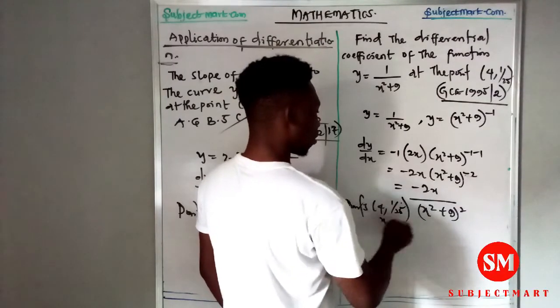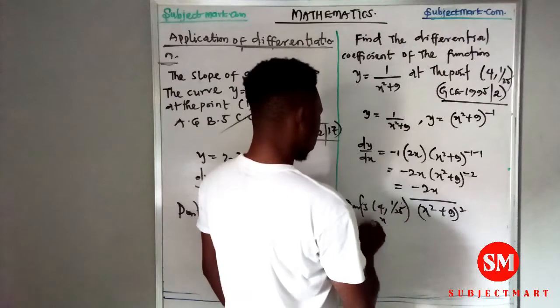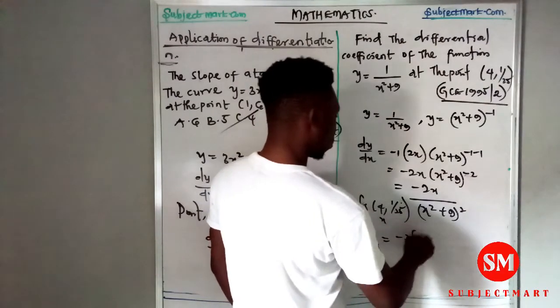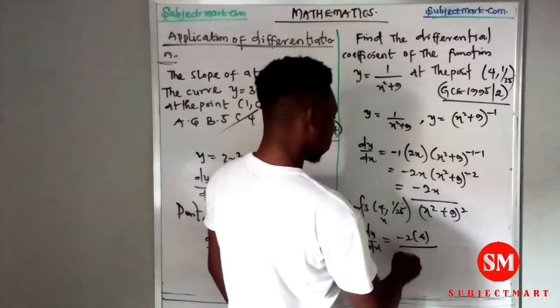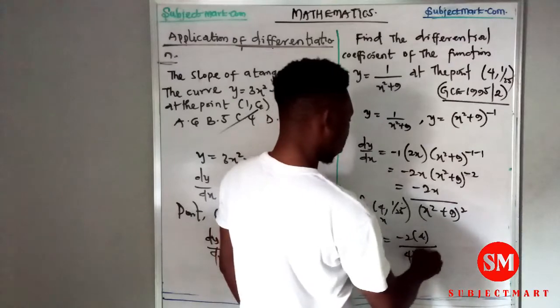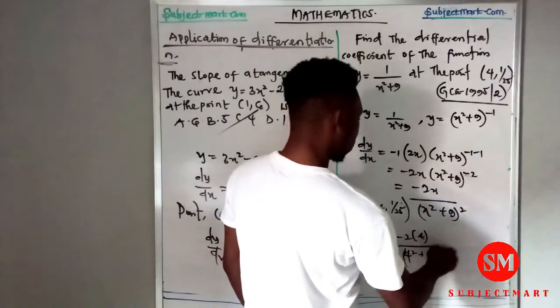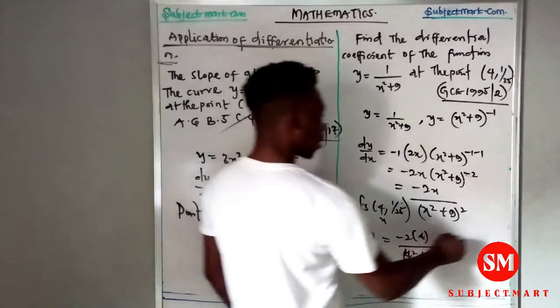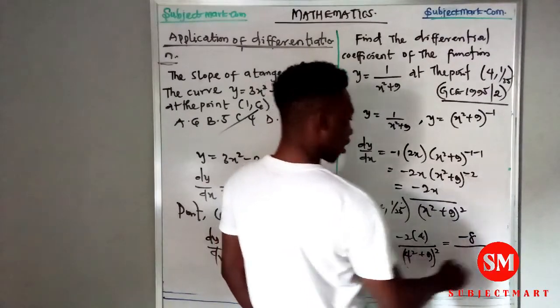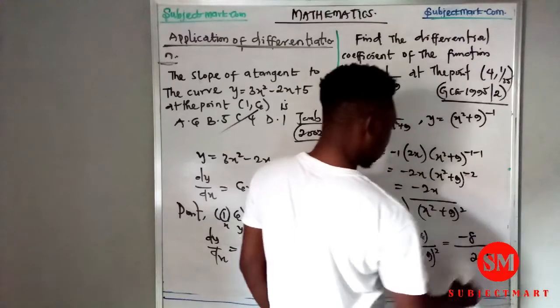So your value here is x, put x into this. So your dy/dx here is equal to minus 2 times 4 all over, sorry, not 2 square, 4 square plus 9 raised to power 2. That is equal to minus 8 over 4 square, that's 16, 16 plus 9, that's 25 raised to power 2.